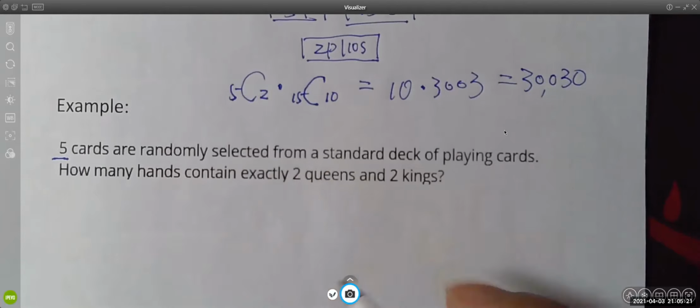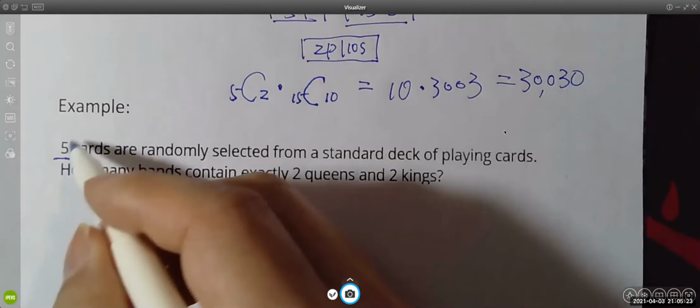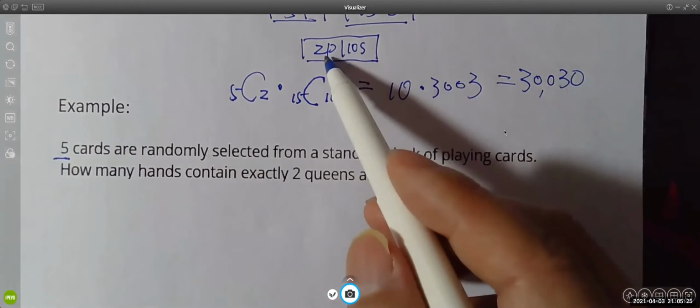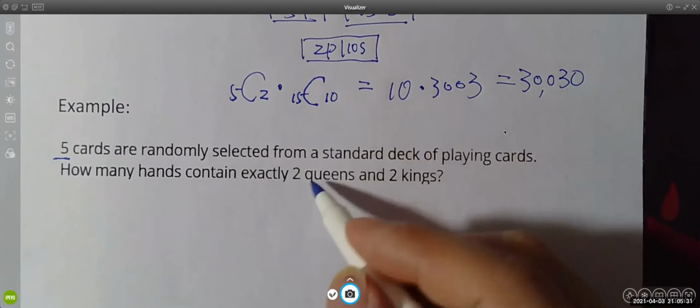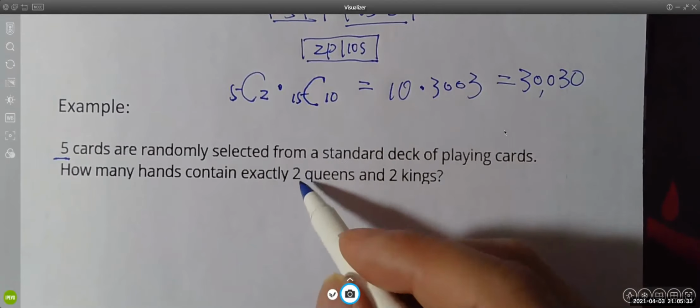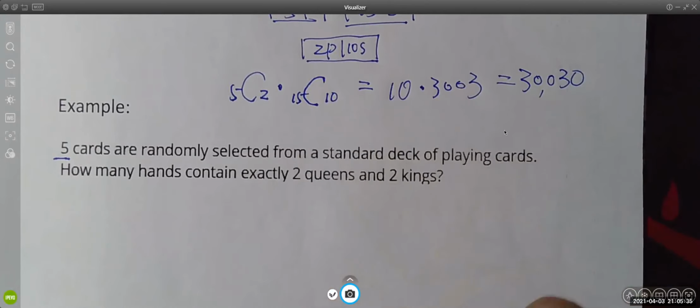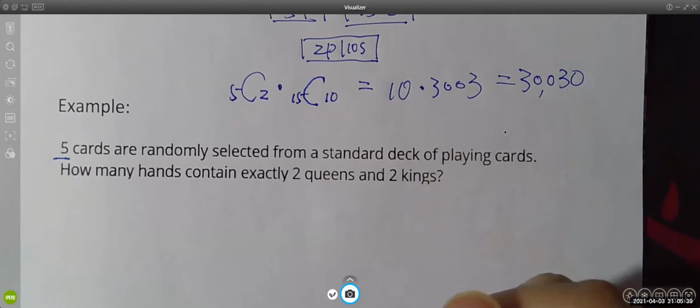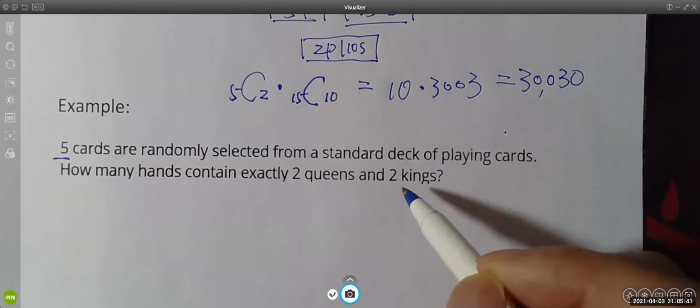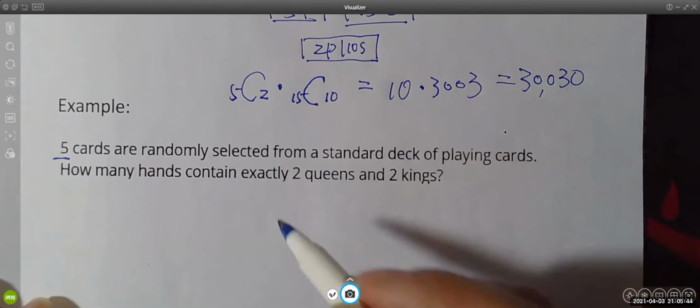But there are restrictions on these 5 cards, just like there were restrictions on these committees. So we need to take the same approach. In order to get exactly 2 queens, we can only select 2 cards out of all the queen cards. To get 2 kings, we only select 2 kings out of the king cards to make sure this structure is right. That's the way to do this kind of problem.